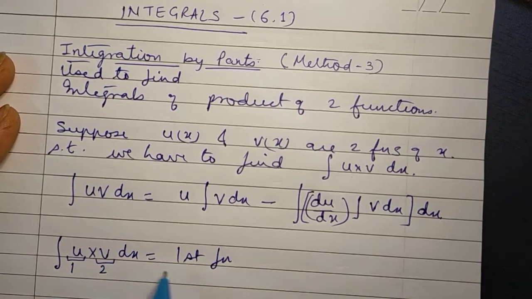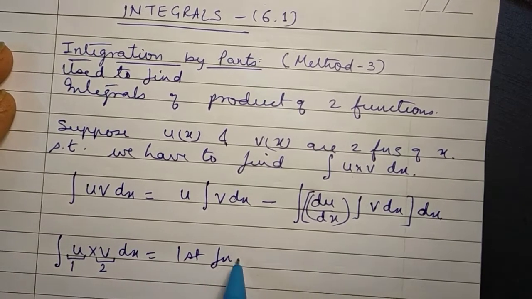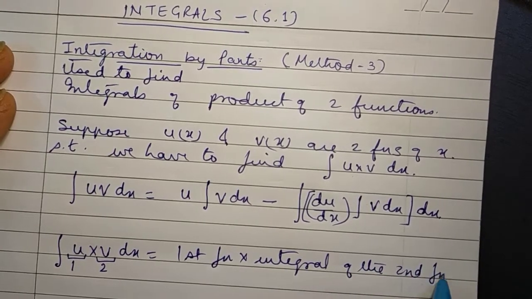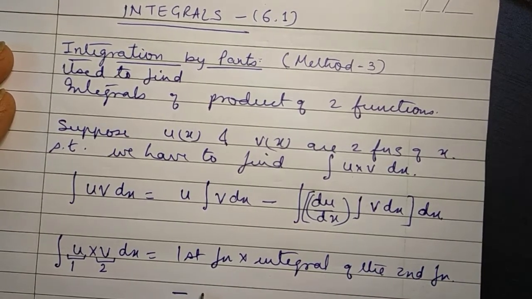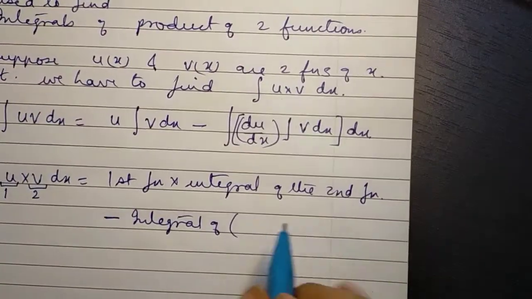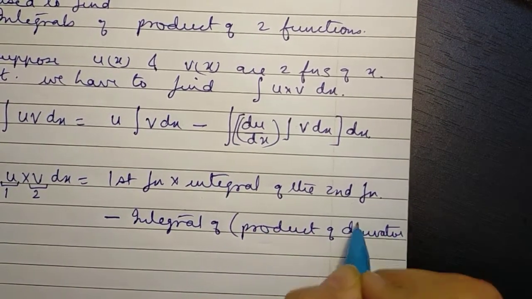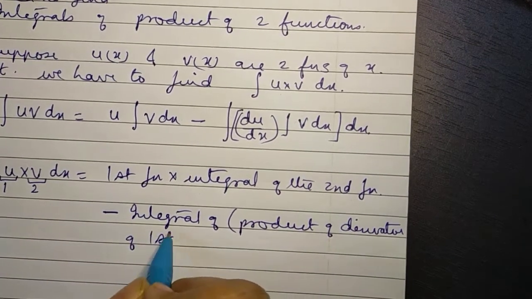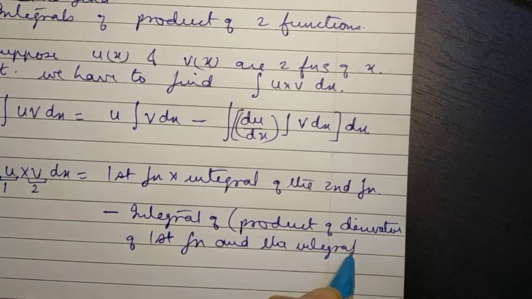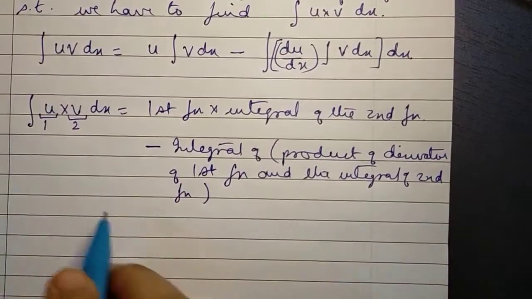If we call this as first and this as second, then the formula says it is equal to first function into integral of the second function minus integral of the product of derivative of first function and the integral of second function. Okay, so this is the formula.